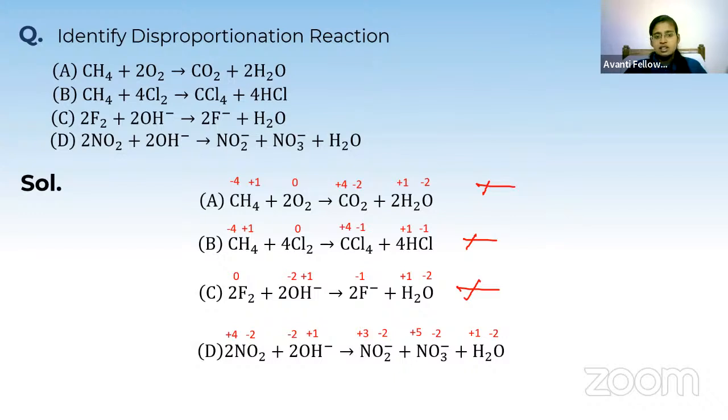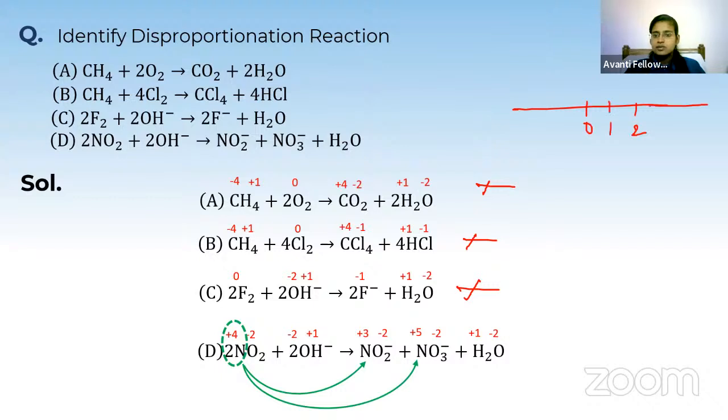So see here, look into the oxidation state of nitrogen. Nitrogen is moving from +4 to +3 in one compound and +4 to +5 in another compound. So we have the line 0, 1, 2, 3, 4 and 5, right? In one case, it is moving from +4 to +3, moving towards left.